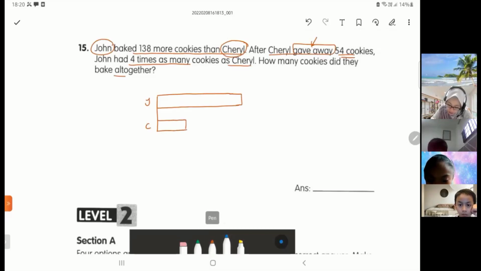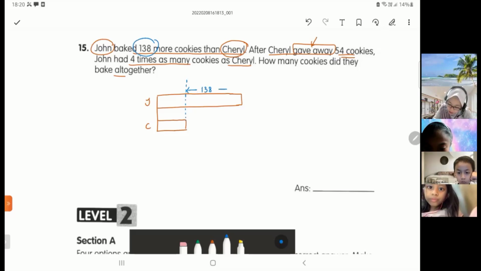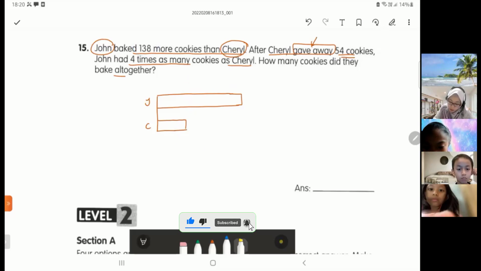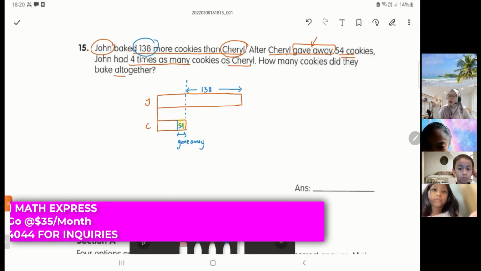Okay. So if you look, this is the more part. This one here is my 138. This is the John and Cheryl more part. Then Cheryl gave away 54 cookies, which means let's say this is 54. And this is given away. Okay. So this one doesn't have. Gave away, take out already.